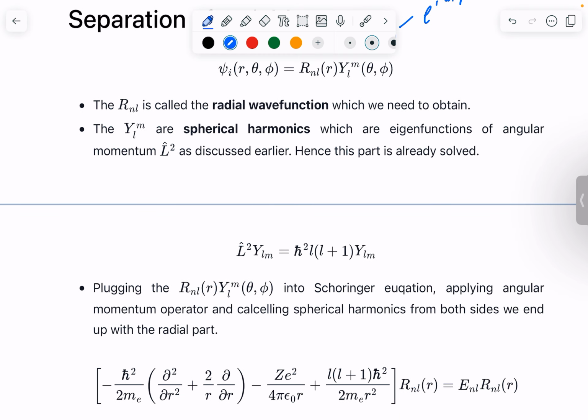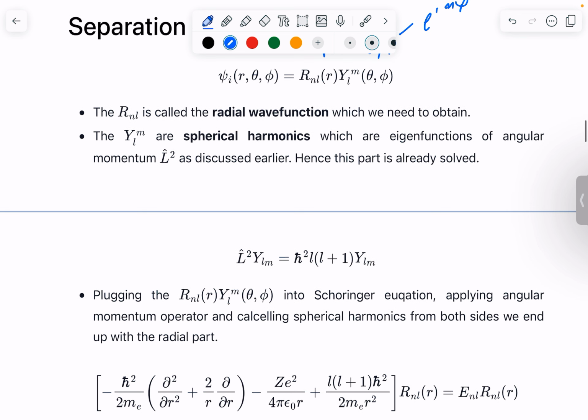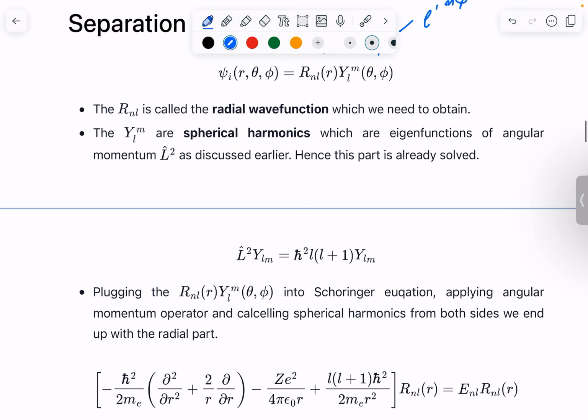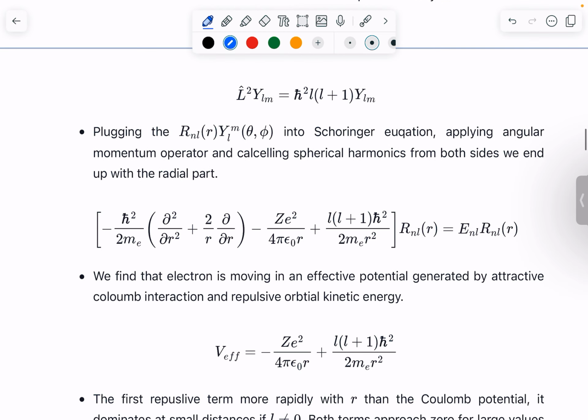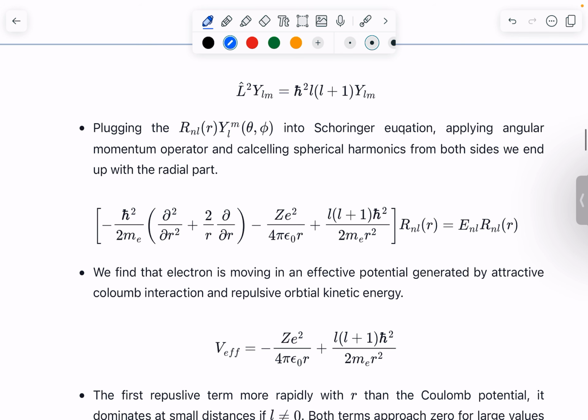The R part is the radial wave function, and the Y is something we've already seen, the spherical harmonics, which give us some beautiful shapes. We've already seen their eigenvalues, the eigenvalues for angular momentum. As you would expect, they are the same for the hydrogen atom, because the spherical harmonic function is exactly the same.